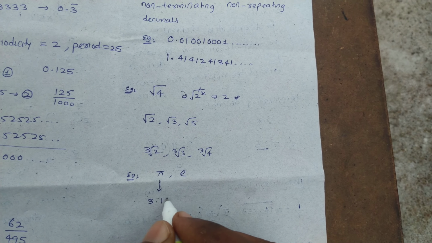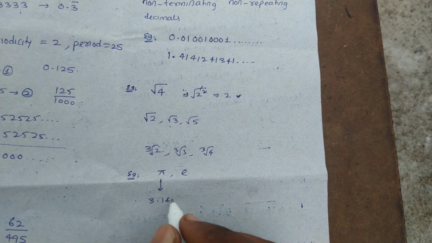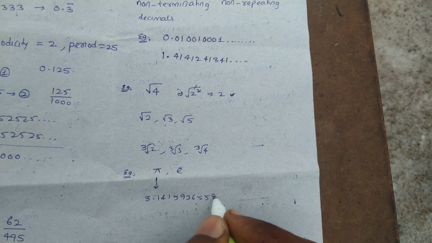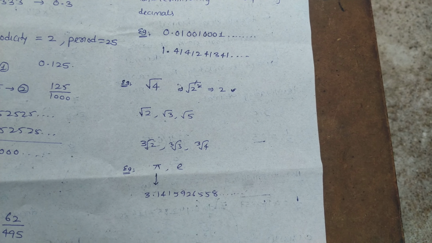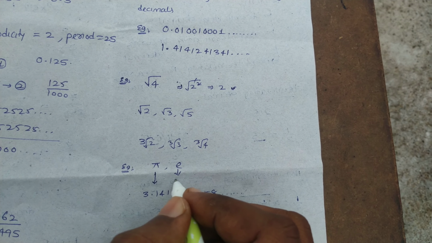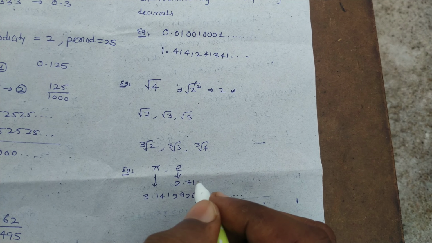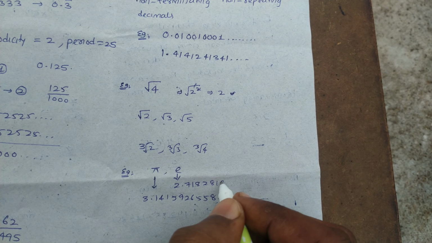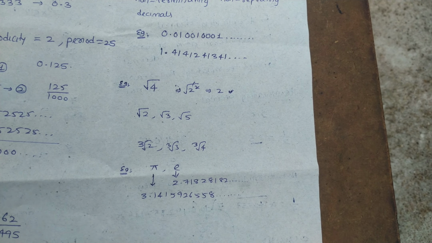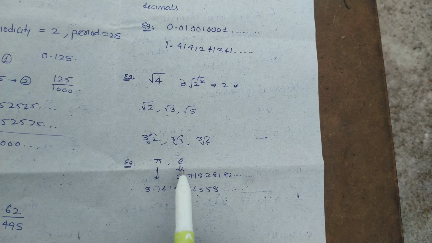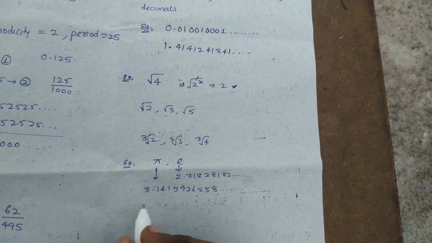You already know 3.14, but the actual pi value is 3.141592655, and it is never ending. In a similar manner, what is the e value? 2.71, as you know, but it is actually 2.71828182, and it goes on.